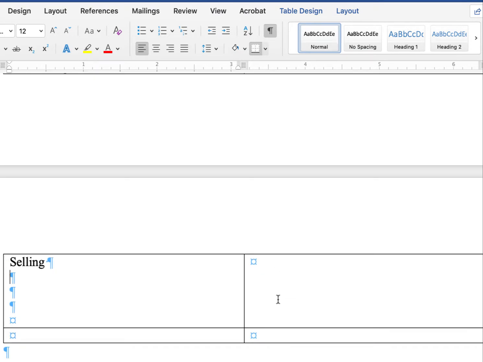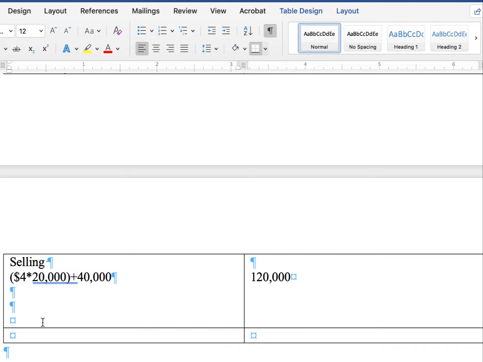So I take $4 times 20,000 units, that's the variable portion, plus the $40,000 of fixed expenses, and that gives me my total selling expense, which ends up being $120,000.